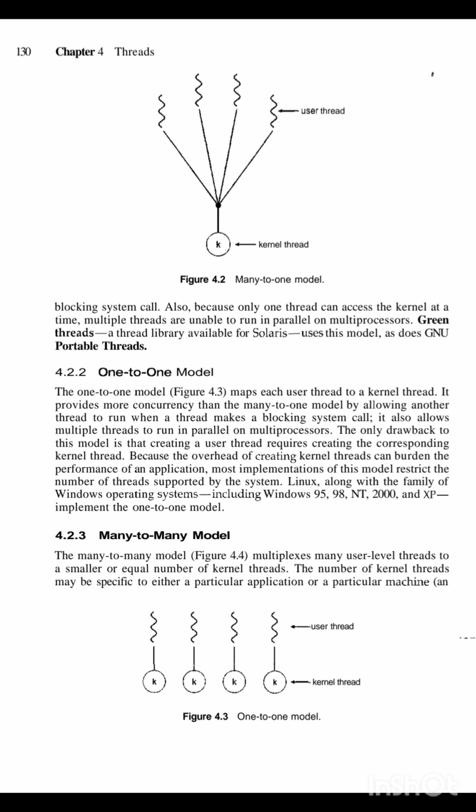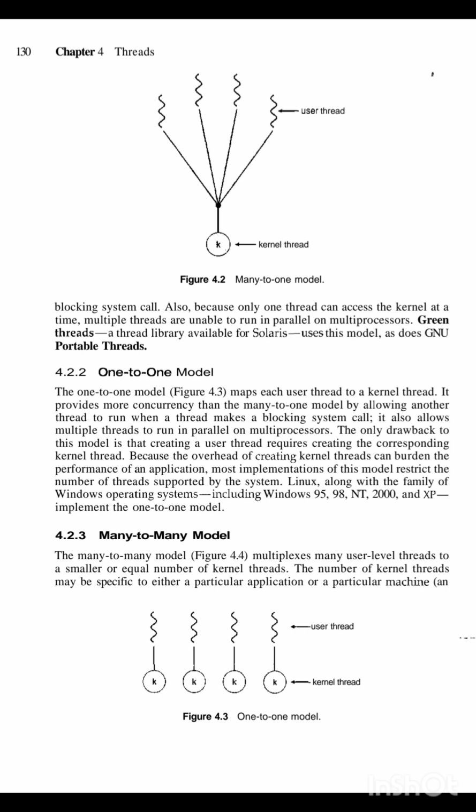It allows multiple threads to run in parallel on multiprocessors. The only drawback is that creating a user thread requires creating the corresponding kernel thread, and it burdens the performance of an application. Examples: Windows NT, XP, 2000 and Linux.